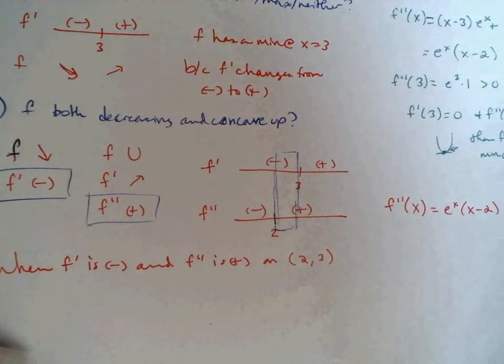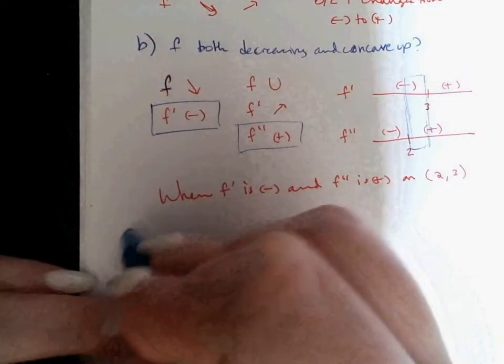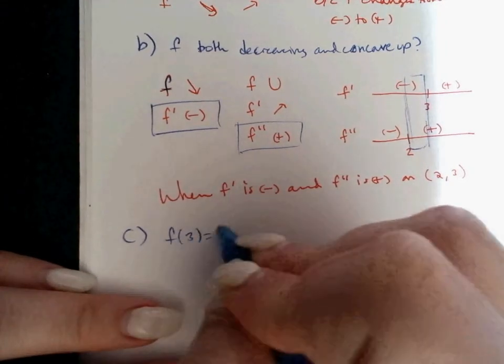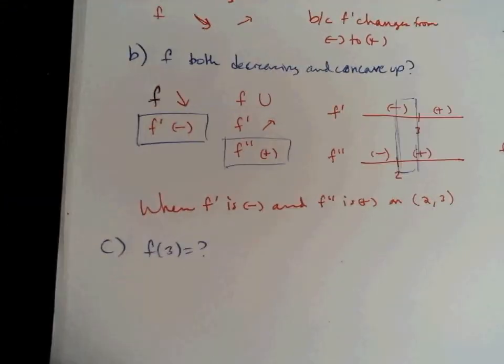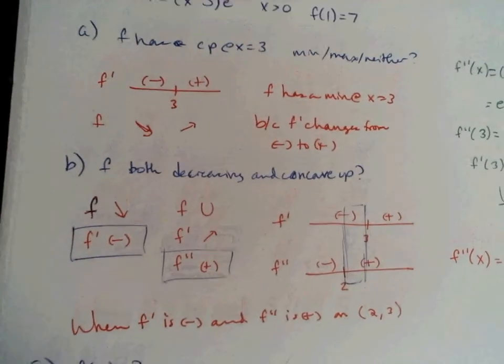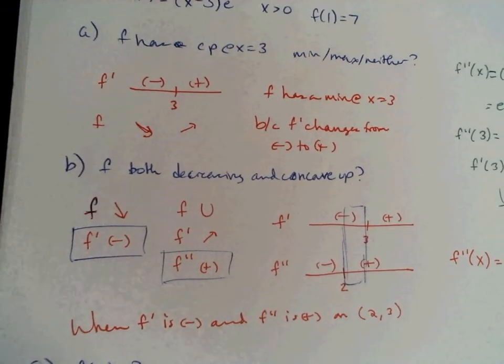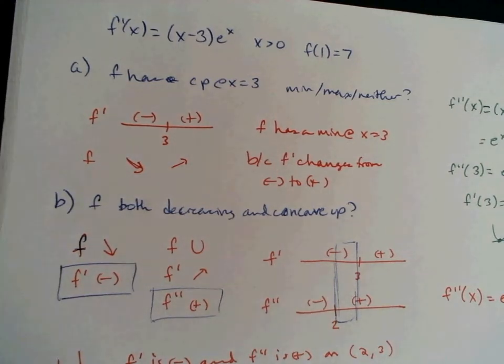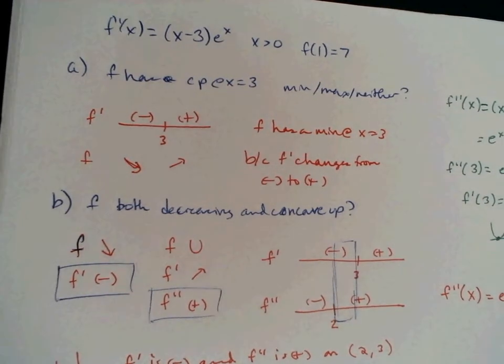And then the last part, it says, part C, find the value of f of 3. Okay. So f of 3, interesting. There's a couple different ways to do this. We need to antiderive, obviously.